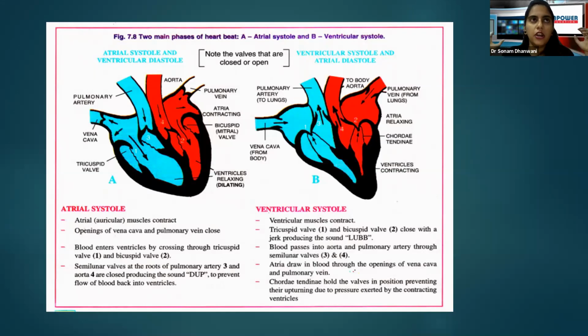Just imagine gush of water. जो gushing water का आवाज रहता है ना, वैसा there is the sound which is produced by gushing of blood or flow of blood. That flow of blood का आवाज जो आता है from atrial systole is known as a dup. Okay, and that same voice when comes from the ventricular systole, it is known as a lub.